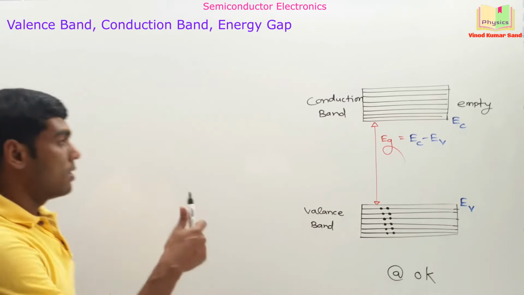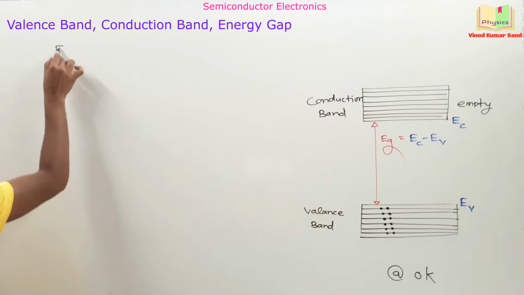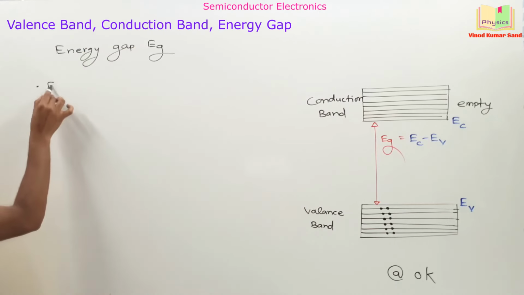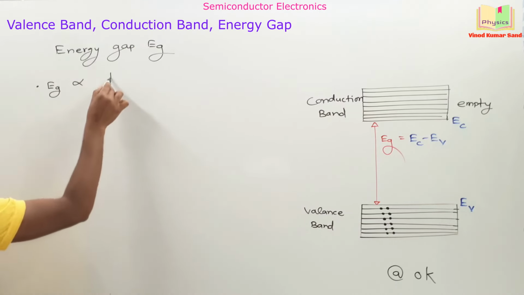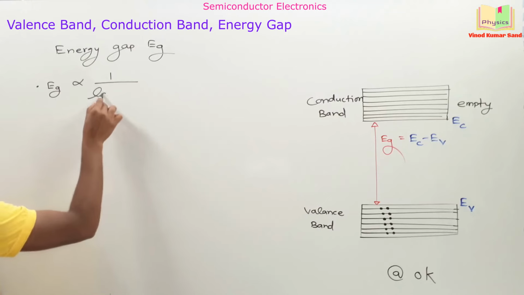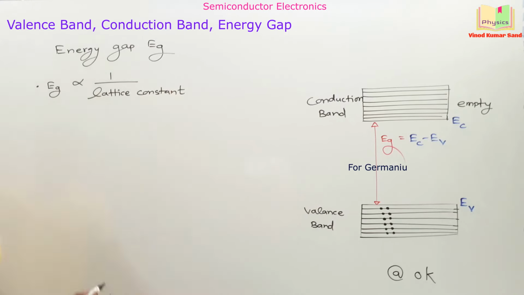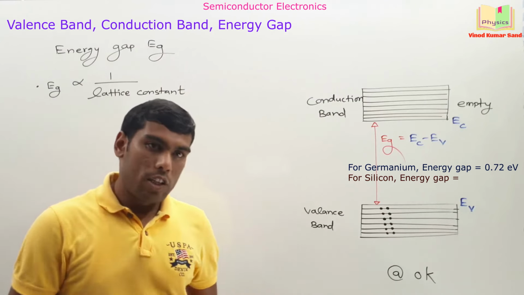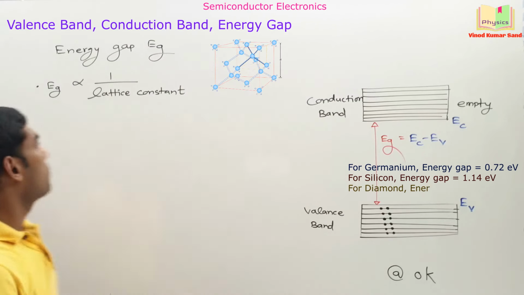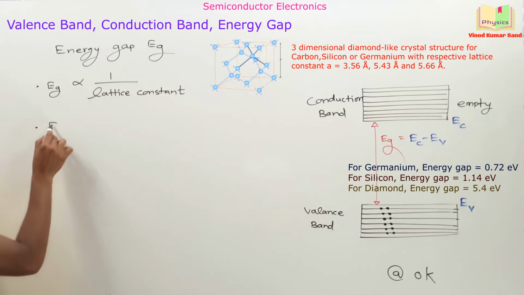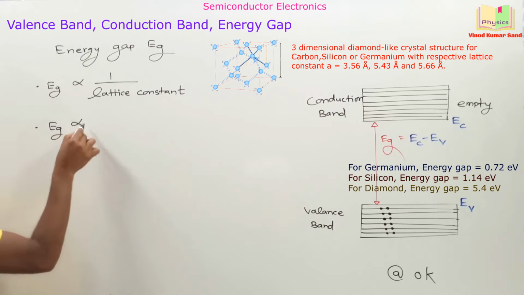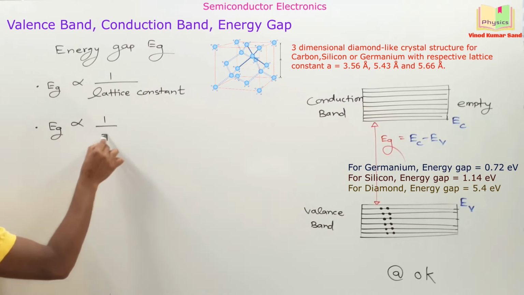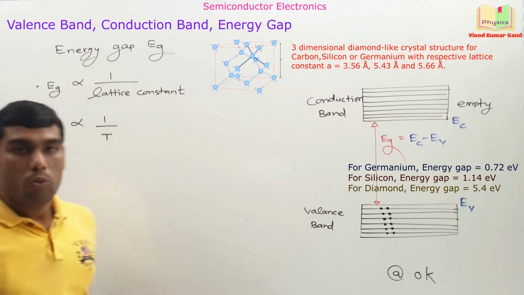Let's talk about this energy gap Eg. Eg is inversely proportional to the lattice constant. If the atoms are closer, the energy gap will be more. Eg slightly varies with the change in temperature, so Eg is proportional to 1 by temperature.